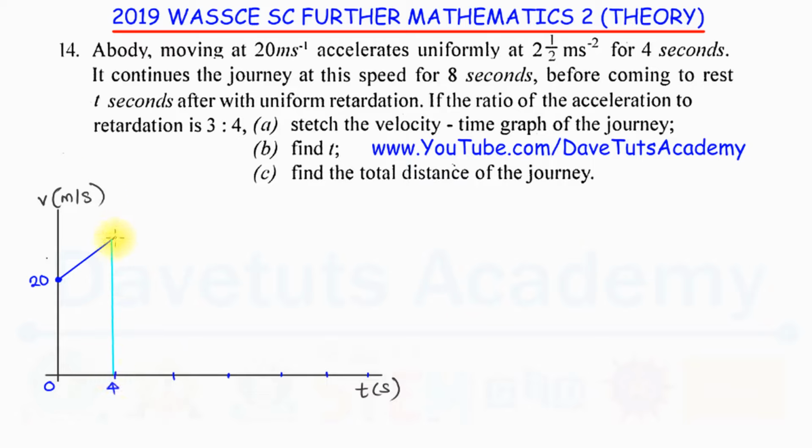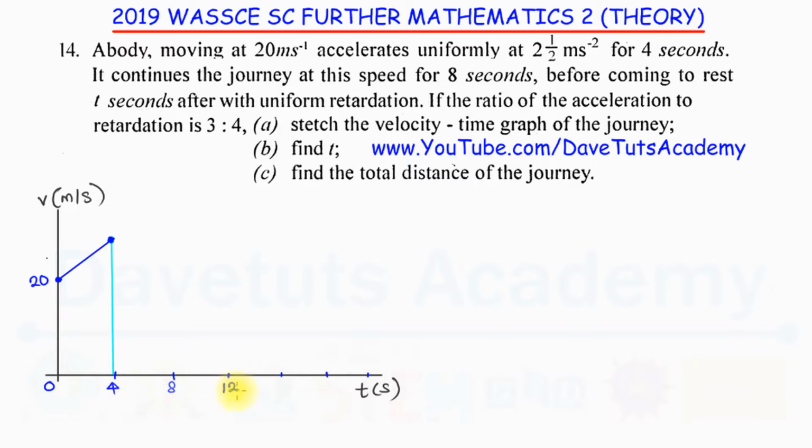Okay, then we're told that after doing that, this same body just continues the journey at this speed for 8 seconds. Now, to interpret 8 seconds means 8 in addition to that 4. So it's not that it's stopping at 8, we have to add 8 to 4, and that will be 12. So if I say this is the 8th mark, this is the 12th mark, it is 8 plus 4 that is giving me 12.